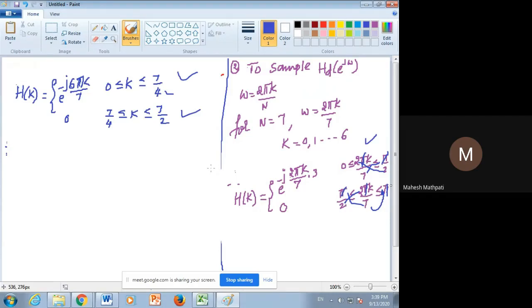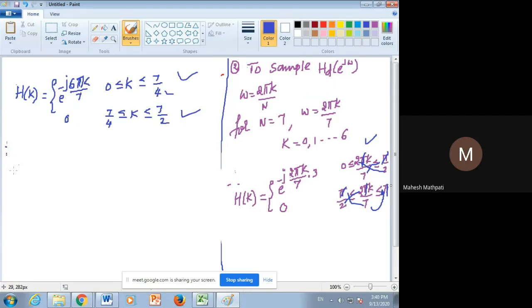The range of K in the above equation can be written in nearest integer as follows.